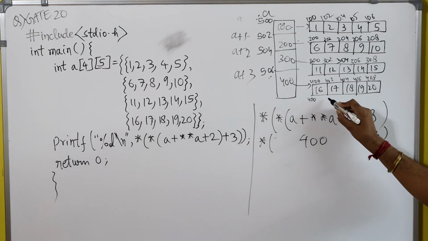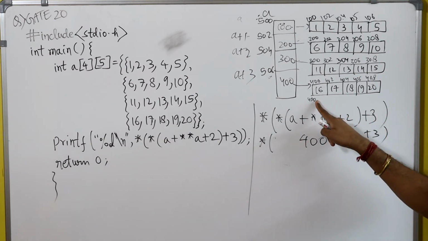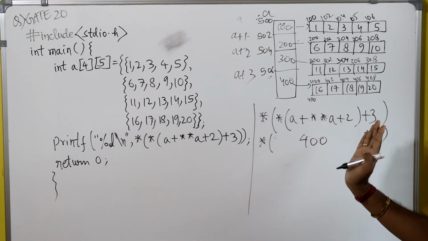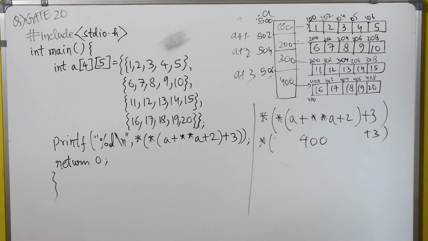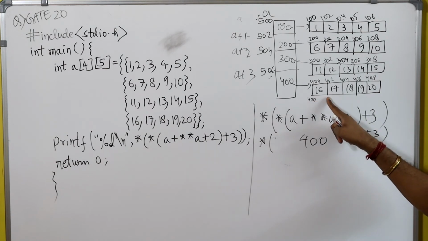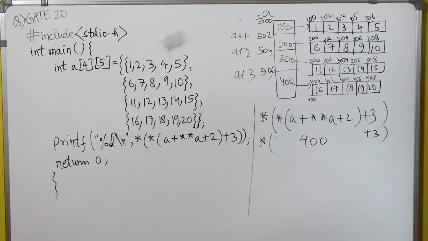Then 403 means what? It means the third element from the address 400, the address of the third element from the address 400. Just like this: this is 400, then 401, then 402, then 403, 406.